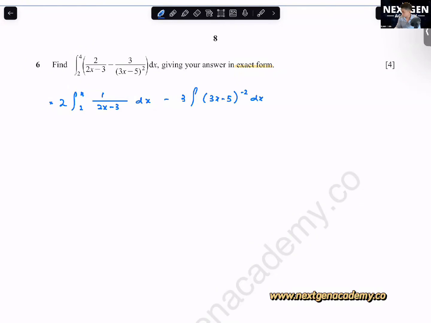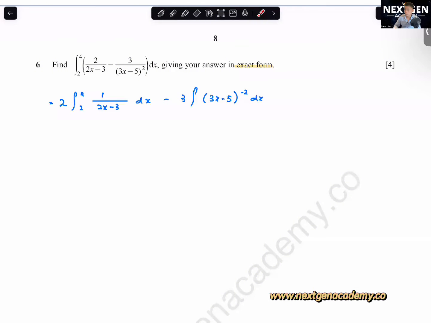Okay, so you just focus on this part here. Why don't I change this to power negative 1? You have to remember when the bottom part is power 1, we need to think about ln. Power 2 onwards, only then you change it to this form and use the chain rule method.